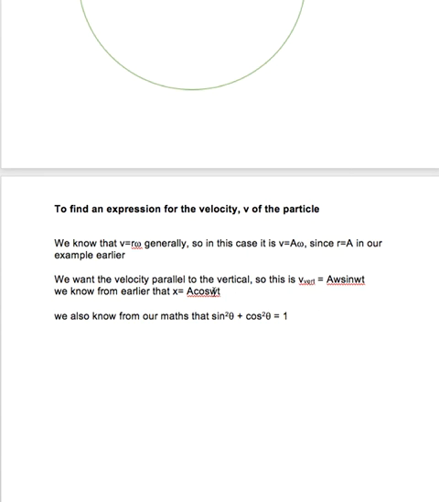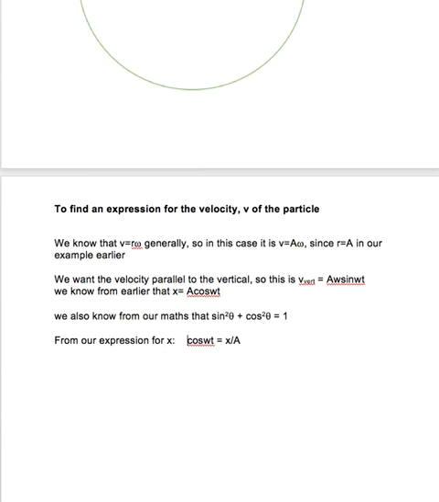So if we make cos omega t the subject here, from our expression for x, cos omega t is x over A.